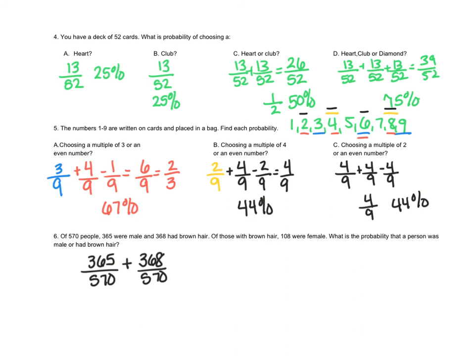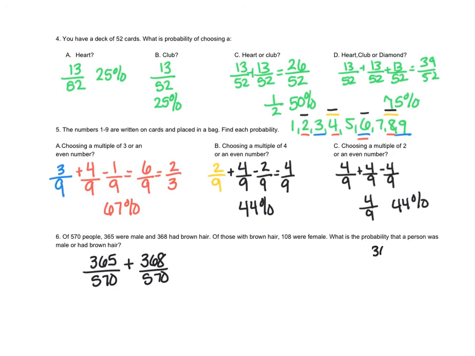Of those with brown hair, 108 were female. So 368 minus 108 is 260. So we subtract the 260 over 570 for the repeats, and that should give us 473 over 570. When I do that and round it, it's about 83%.